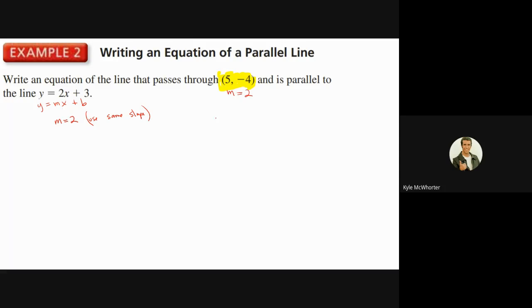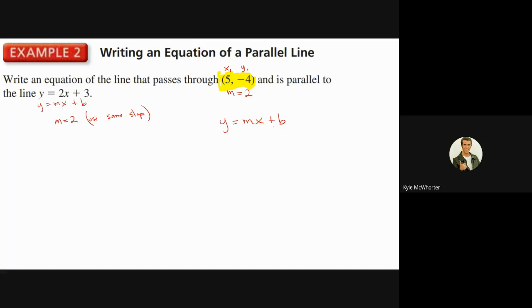So we've got a point and a slope, we can figure out the equation, right? We can use either point-slope form or we can use slope-intercept form and solve for b. I'll use the slope-intercept form on this one. So we'll call this x1 and y1. And then I'm going to start with y equals mx plus b.